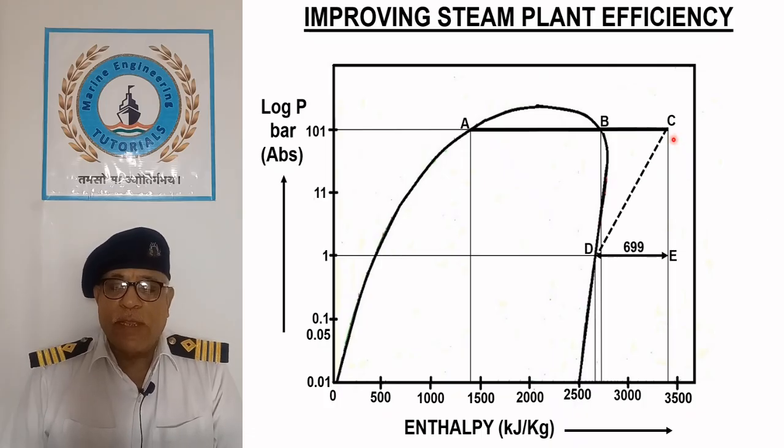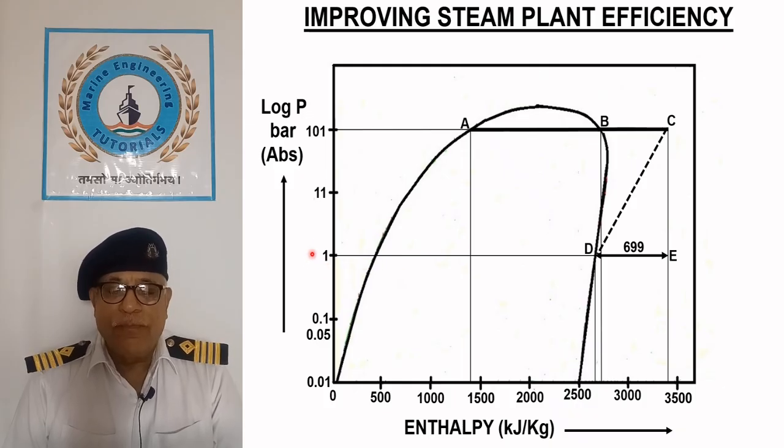If the steam is exhausted to an atmospheric condenser along line CD, the heat utilized in the turbine, represented by line DE, amounts to 699 kilojoule per kg.